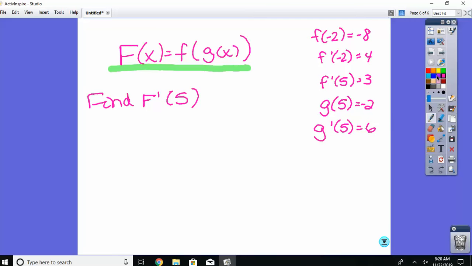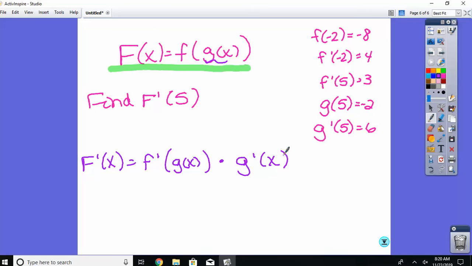When you do this derivative, you start with the derivative of the outside. So the derivative of f would be f prime. Inside stays the same. Times the derivative of the inside. Derivative of g of x would be g prime of x. That's my derivative. That's the definition of the chain rule.